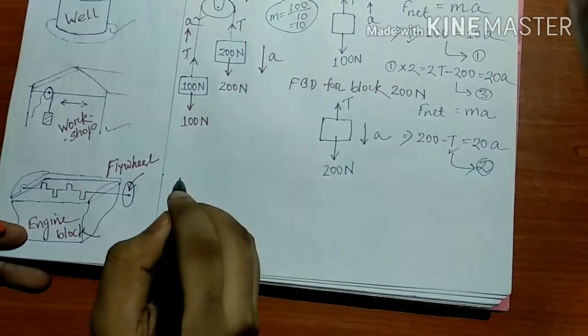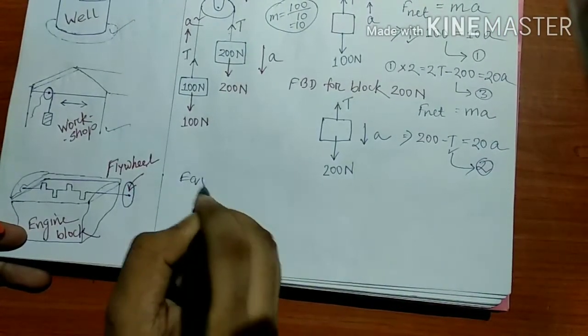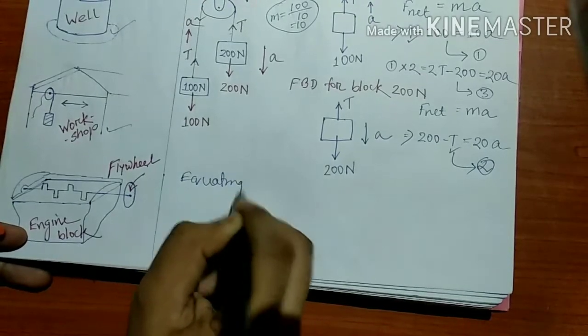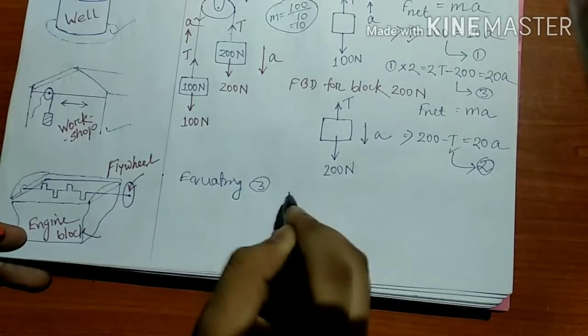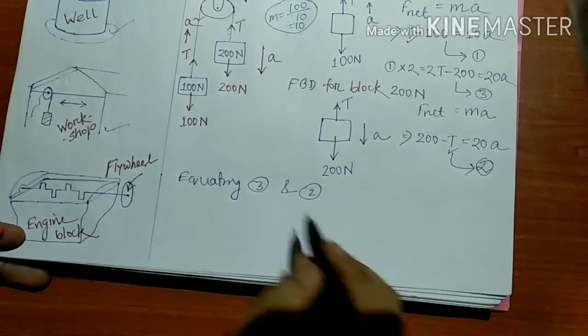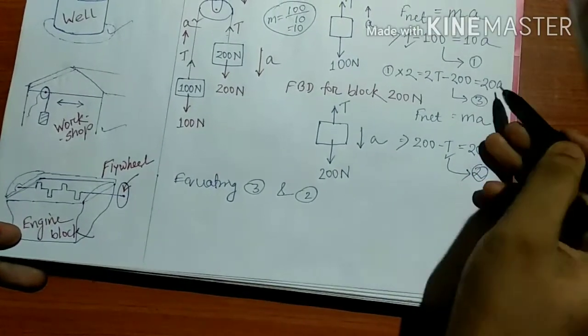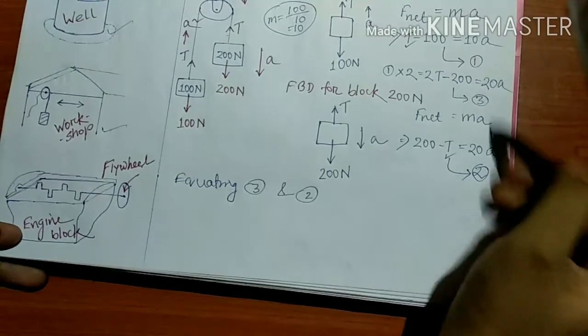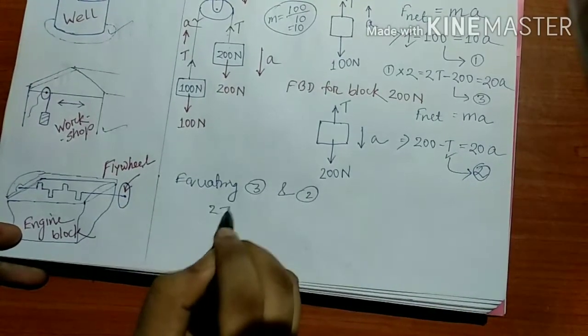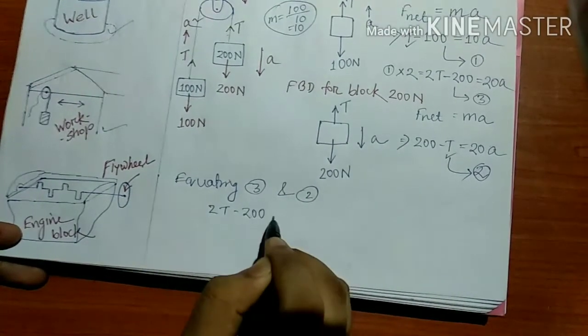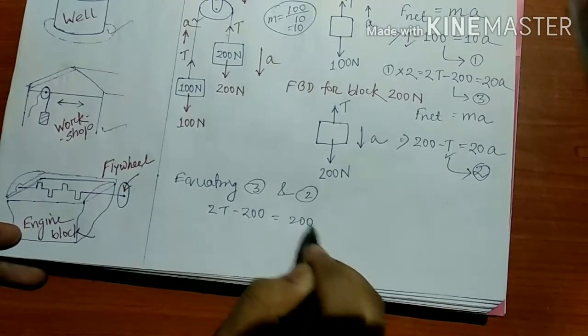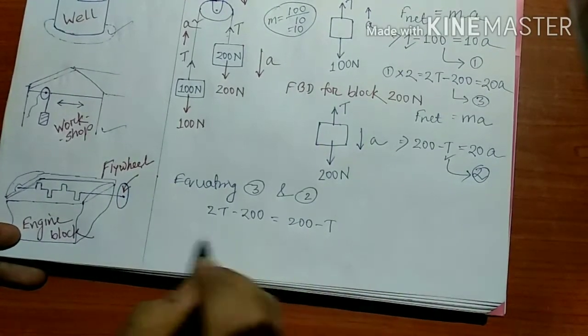So this is the final step, equating 3 and 2. Why am I equating here? Because you can see the right hand side for these equations is the same. So I am writing here 2T minus 200 is equal to 200 minus T, right?